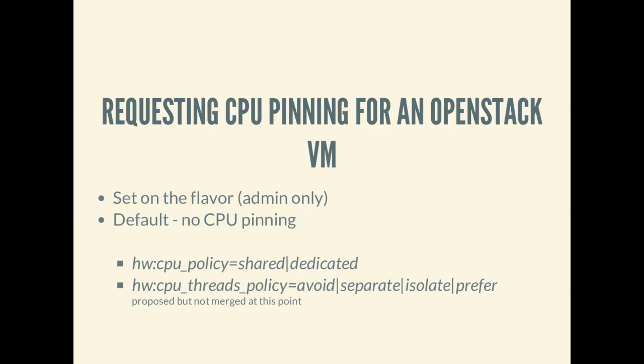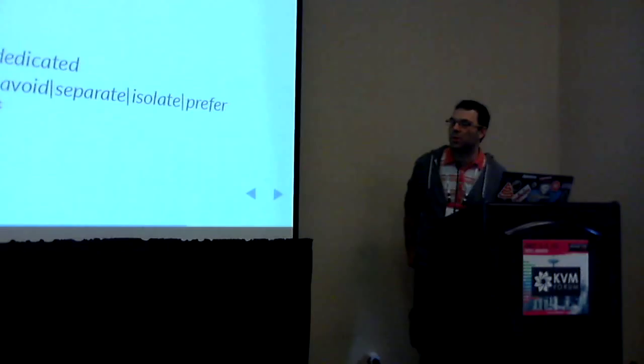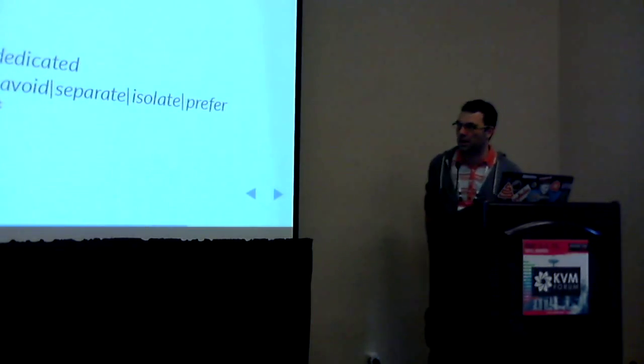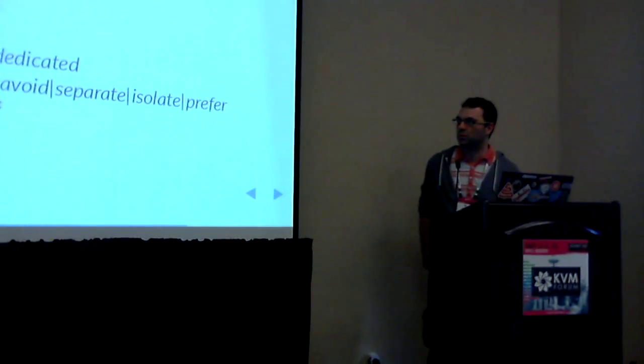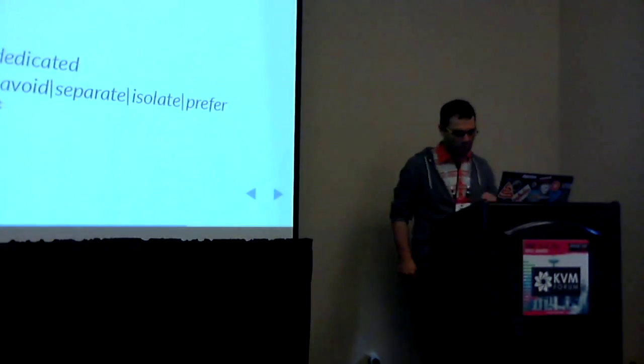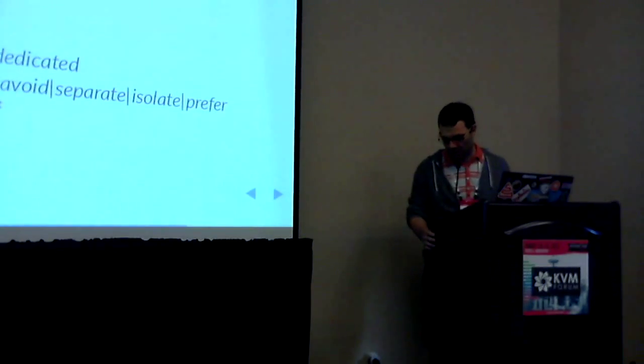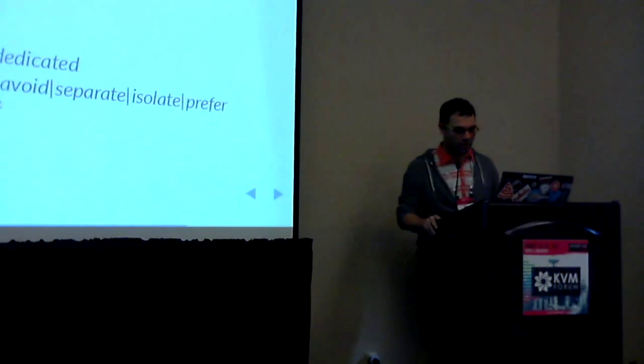So this is how we implemented requesting it. Basically, this one is really simple. The administrator would allow the flavor to have the CPU policy dedicated, which would mean that the scheduler would try to pin virtual CPUs directly to physical CPUs.